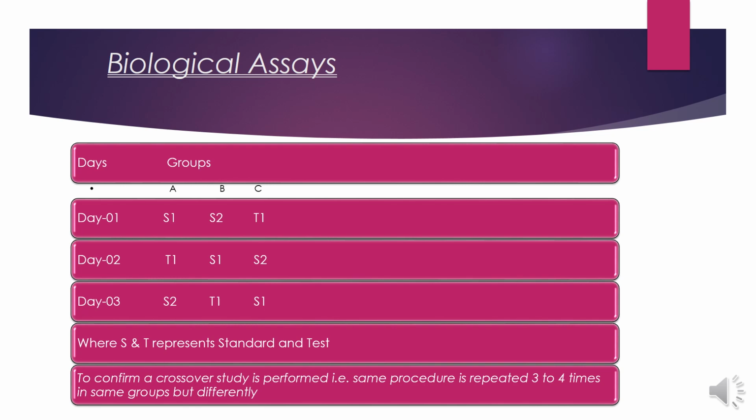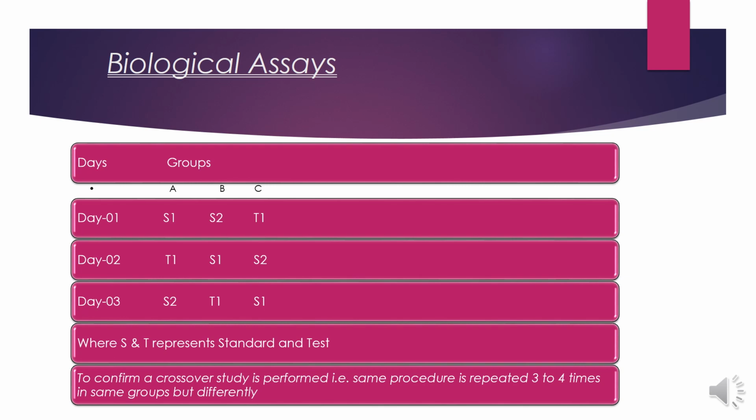To confirm, the crossover study is performed, and the same procedure is repeated 3 to 4 times in the same group but differently. Each group receives all three doses but on different days.